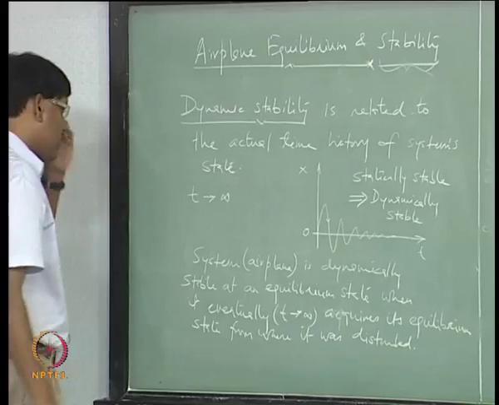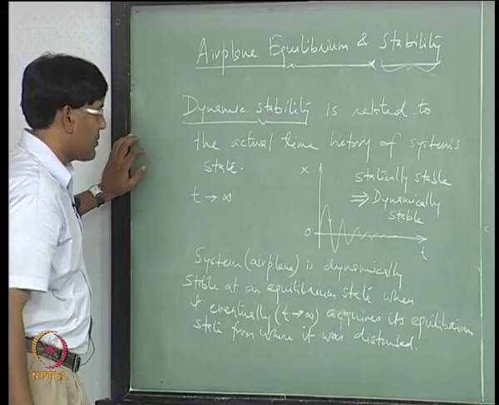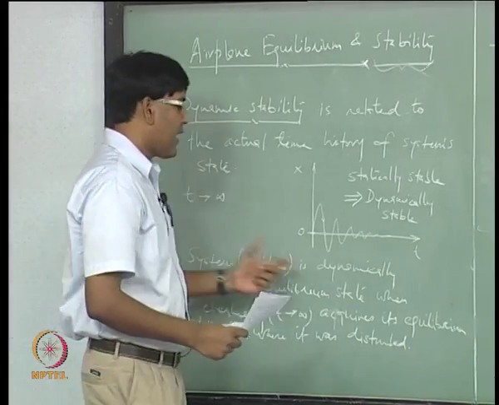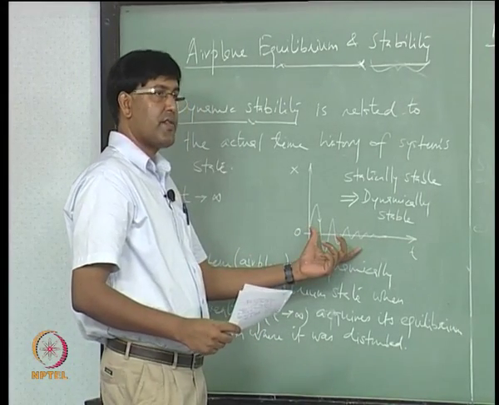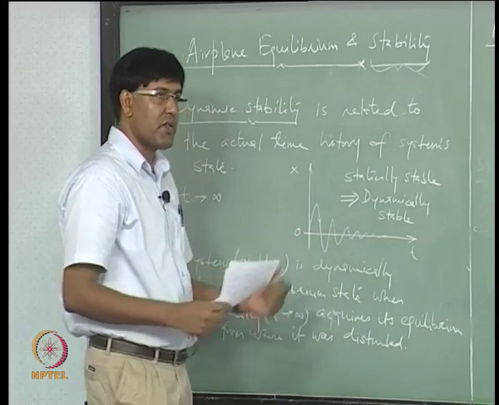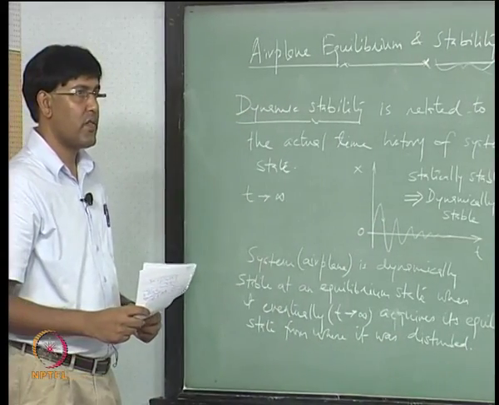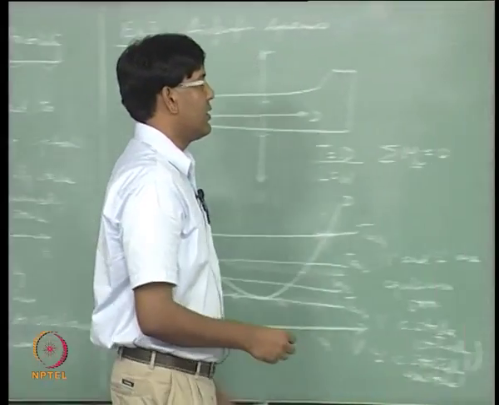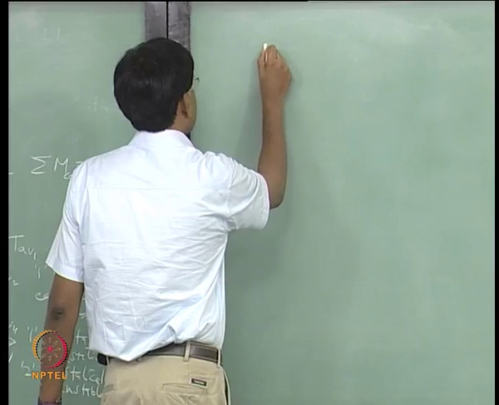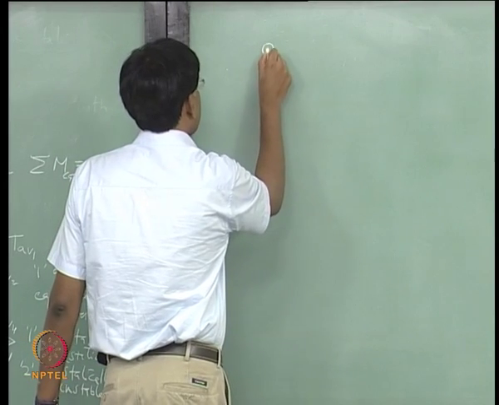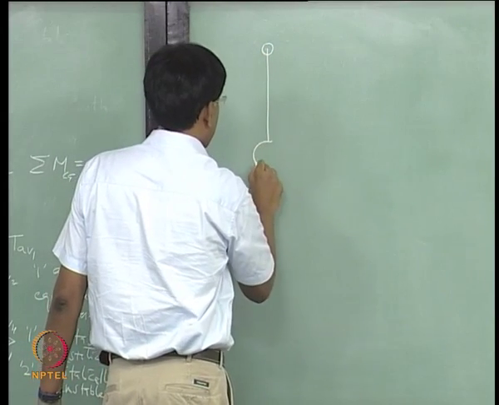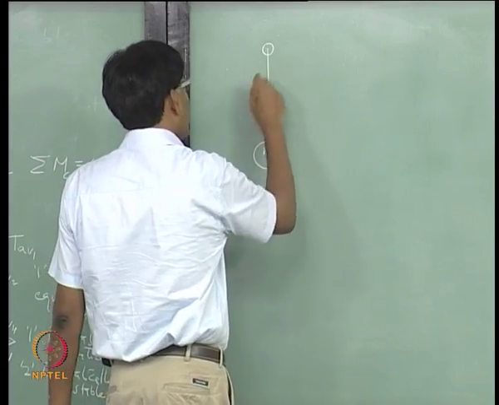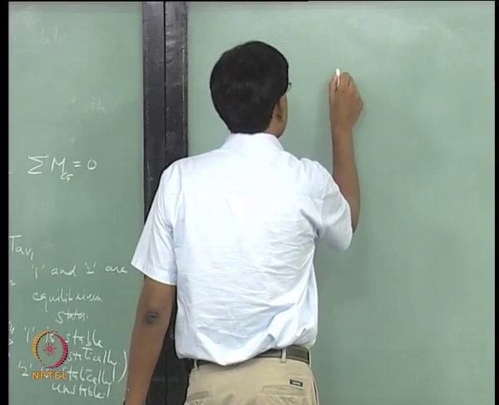What you need to do when you want to look at the dynamic stability is find the solutions of the system's equations of motion when it is disturbed from the equilibrium condition. So, let us look at a simple example, again the example of this pendulum. We already wrote the equation of motion for this pendulum.